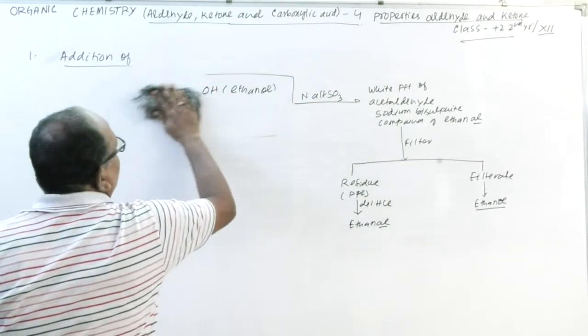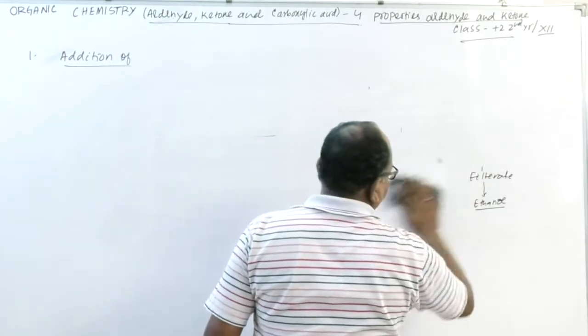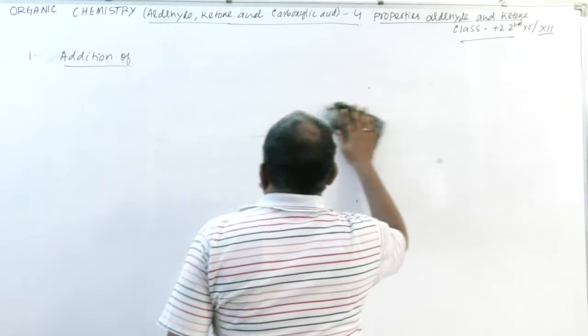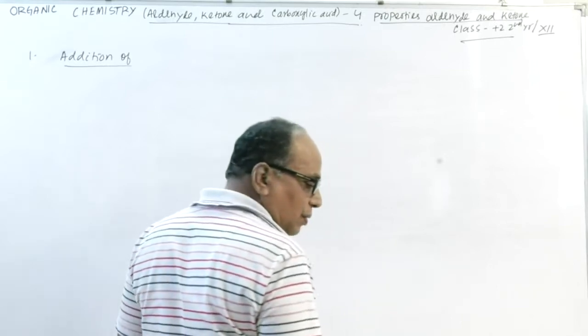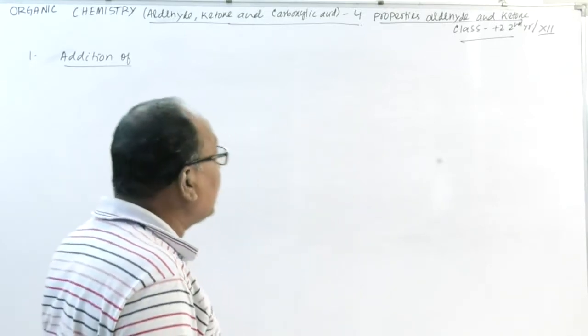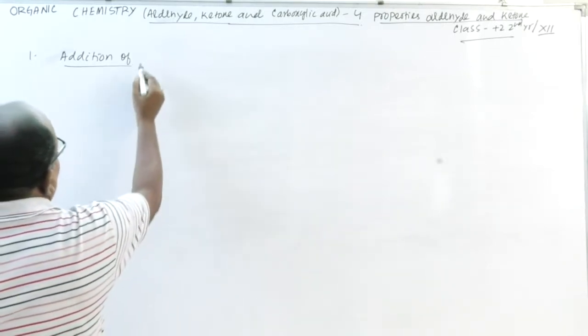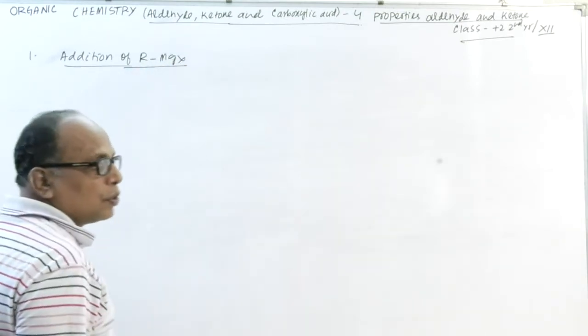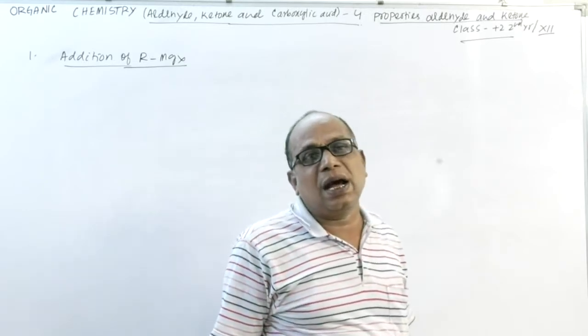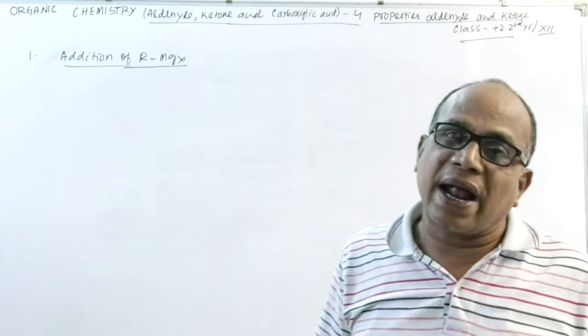Next come to the addition of Grignard reagent. You know, the addition reaction of Grignard reagent we already discussed, that is RMgX, in your alcohol chapter, the method of preparation of alcohol from aldehyde and ketone.